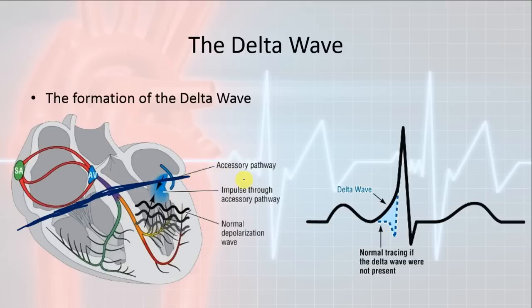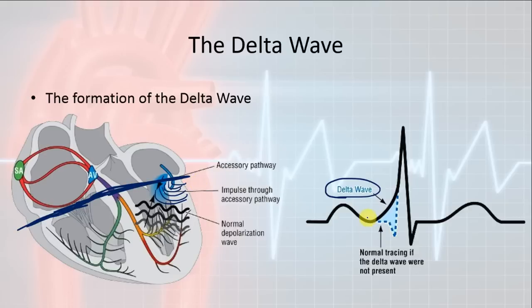Can you see this on the monitor? And the answer is yes, you can. Very commonly, we call that a delta wave. What will happen is you'll have a P wave that occurs normally, and then what the machine will read is the signal trying to depolarize the left ventricle early. But because it's going from myocardial cell to myocardial cell, it goes a lot slower because it has to account for muscular contraction.